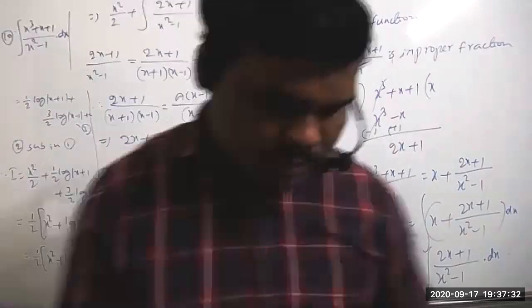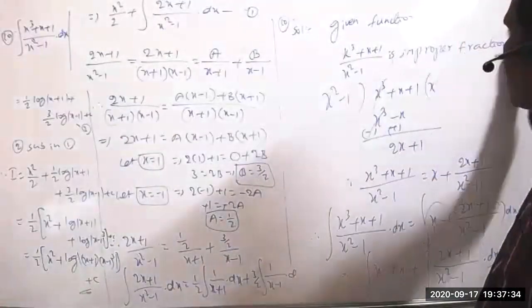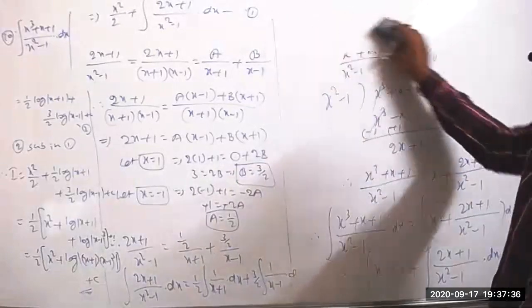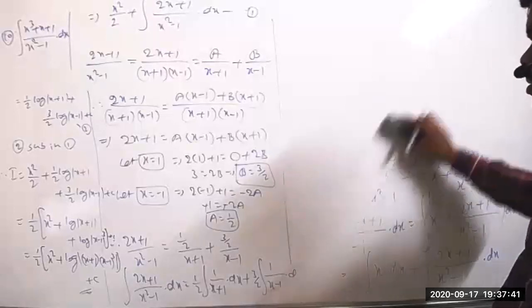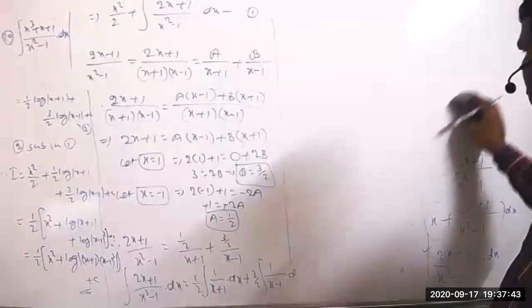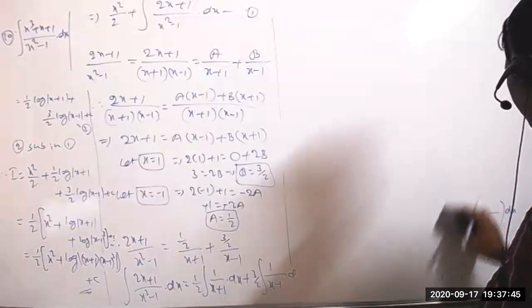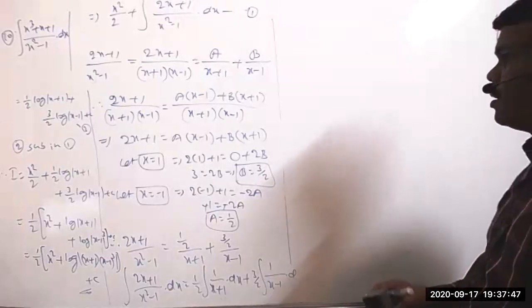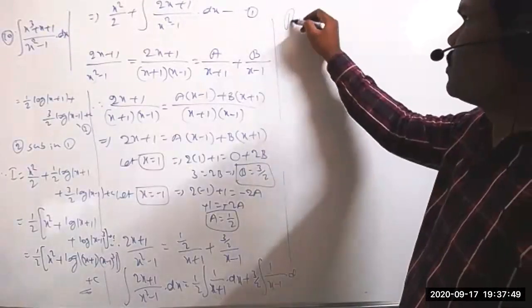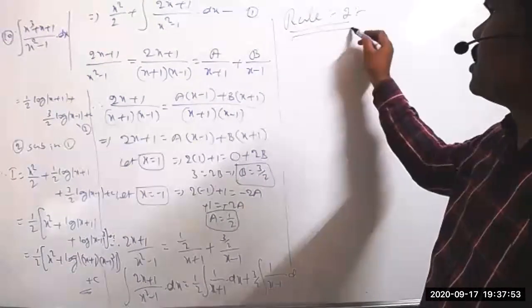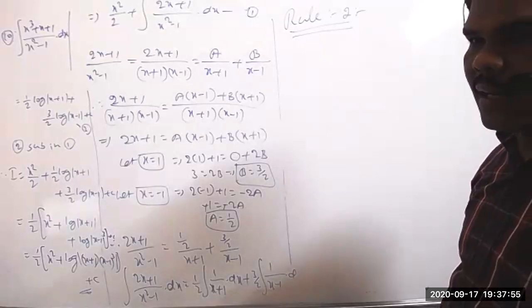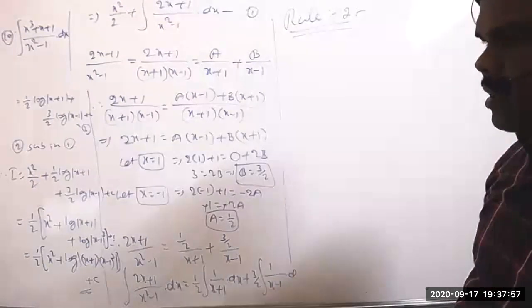Finish. Next you can take rule 2. That means the denominator contains repeated linear factors.